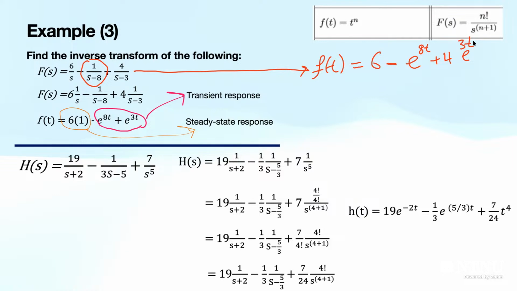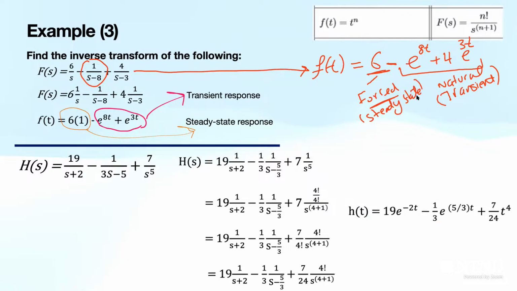And when you look into this equation, you see that this is the forced component. This is the natural component. This is forced, this is natural. This natural part is a transient response, and this forced component is the steady state.